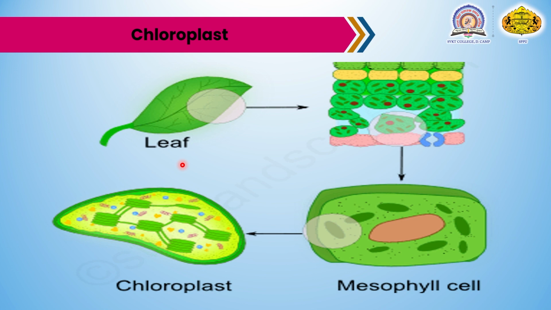Remember that the chloroplasts are distributed in the cytoplasm of the plant cell, and they vary in size, shape and number from species to species.